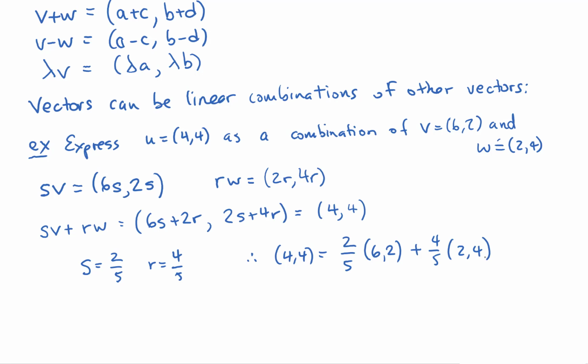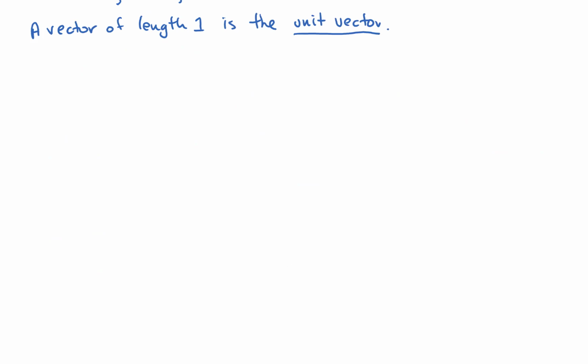As well, another thing about vectors is that a vector of length 1 has a special name. It's known as a unit vector. And that unit vector, let's see, it's E, will have, say, coordinates cosine theta, sine theta, so that it has a length of 1.